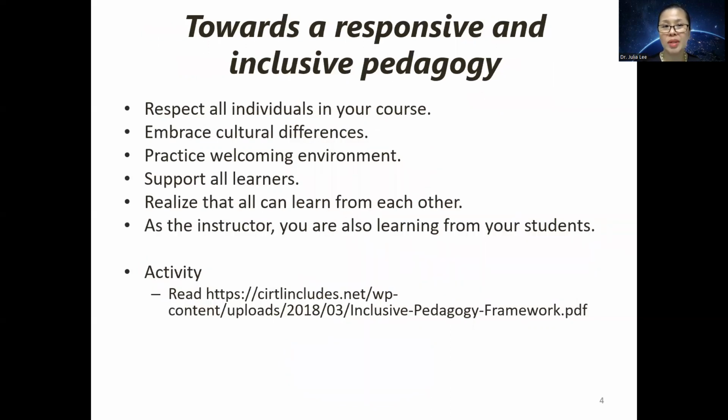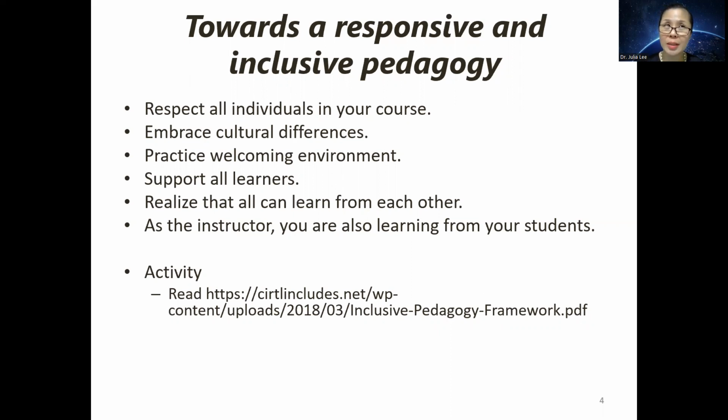What is responsive, inclusive pedagogy? It refers to respect. We need to respect all individuals in our course. We need to embrace cultural differences. We need to practice a welcoming environment. We need to support all learners.